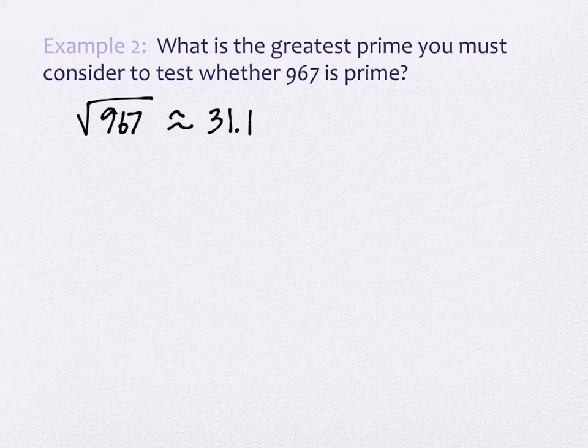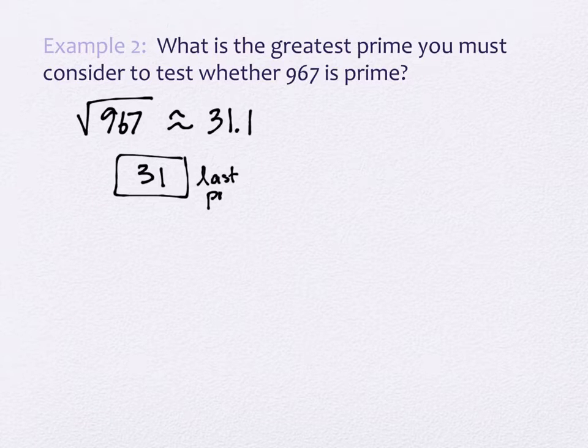29. Is 31 prime though? I think 31 is as well. Now it's not likely to be 31 because it's so close already to the value, but 31 would be our answer for this. 31 is the biggest number that we would test. This is the last prime.